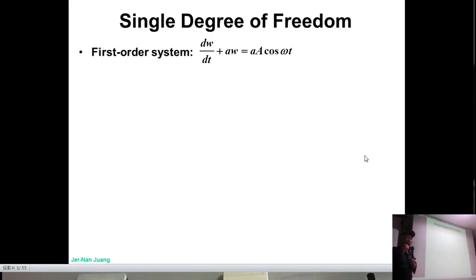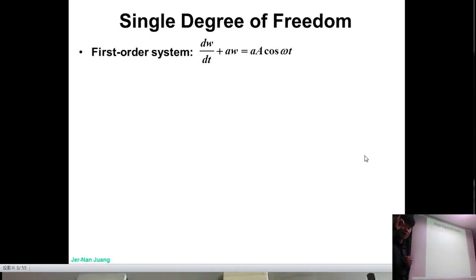Okay, so the small a and larger A don't make any physical sense. That's just for my mathematical convenience. So you may think about the small a and larger A, multiply them together, as one constant. And you will see why I want to do that later.